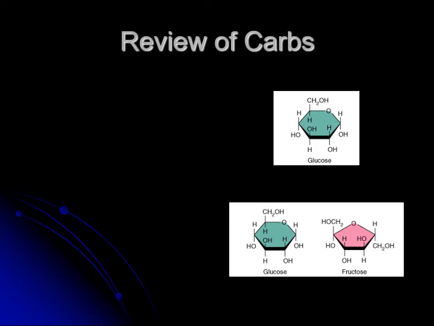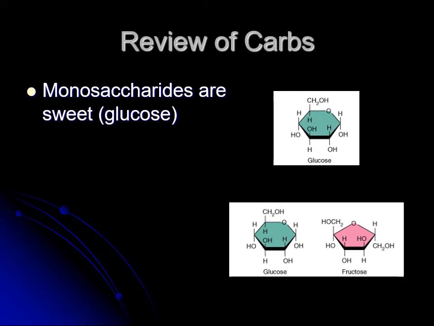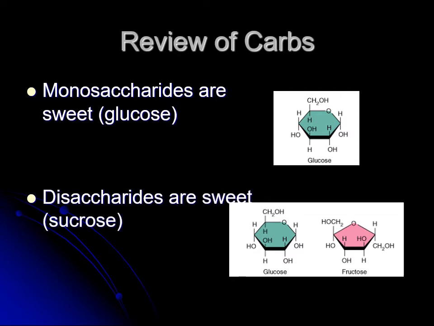So reviewing the carbohydrates, the first two carbohydrates that we looked at were monosaccharides and disaccharides. So for example, monosaccharides are sweet. Glucose is the example that's been given here. Disaccharides are also sweet, and sucrose is the example when you combine glucose and fructose together. You get sucrose, or table sugar.